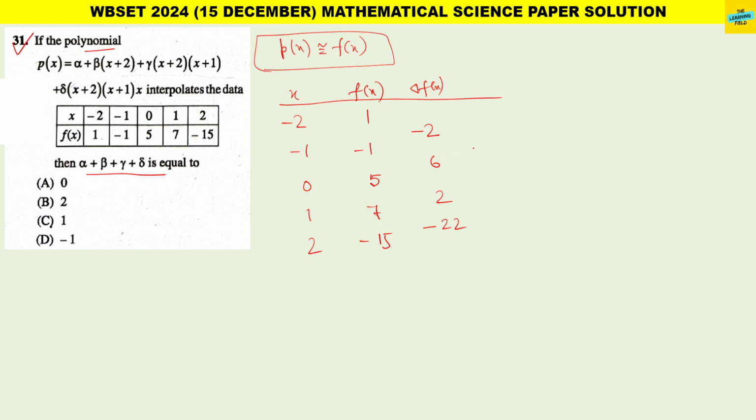And then delta square f(x) is 6 minus -2 means 8, 2 minus 6 is -4, -22 minus 2 is -24. Then 4 minus 8 is -12, -24 plus 4 is -20. I think this is the case. Yeah, I think so. This is the question.